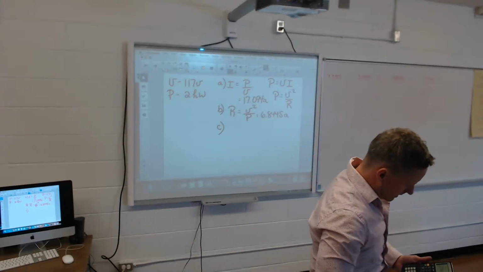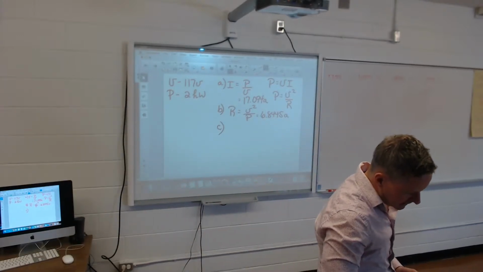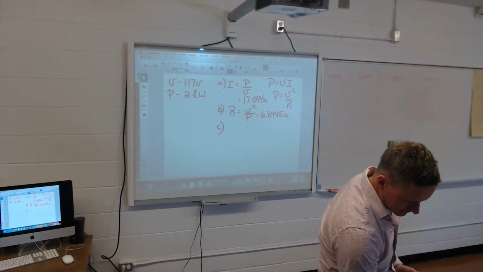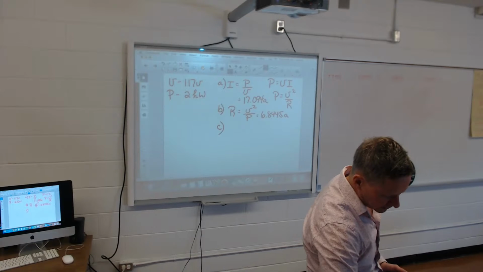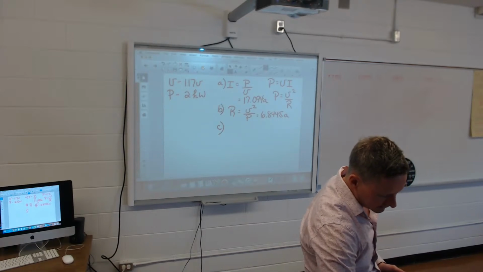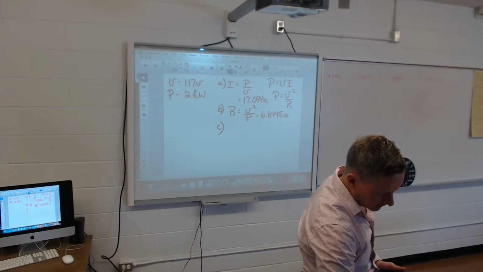And then in C, what's the cost of operation for 24 hours at 10 cents per kilowatt hour?